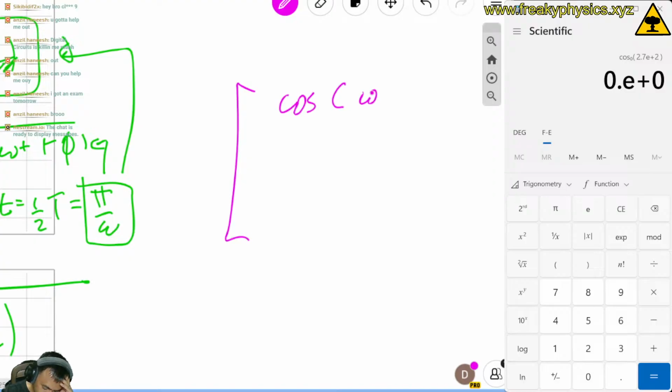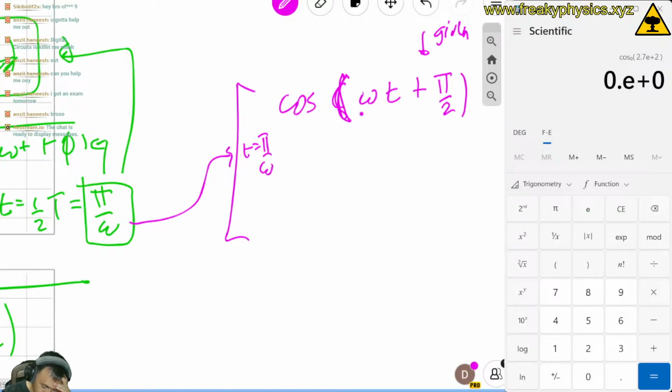It says there that it's cosine omega t plus pi over 2, right? That's the equation given to us. But we know that the time is t equals pi over omega, right?